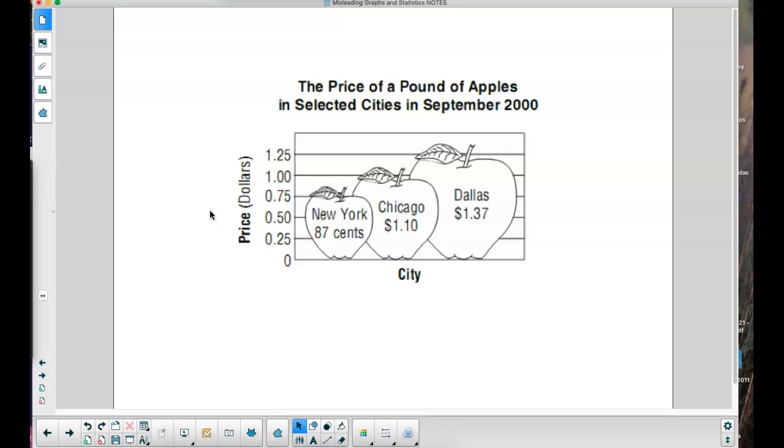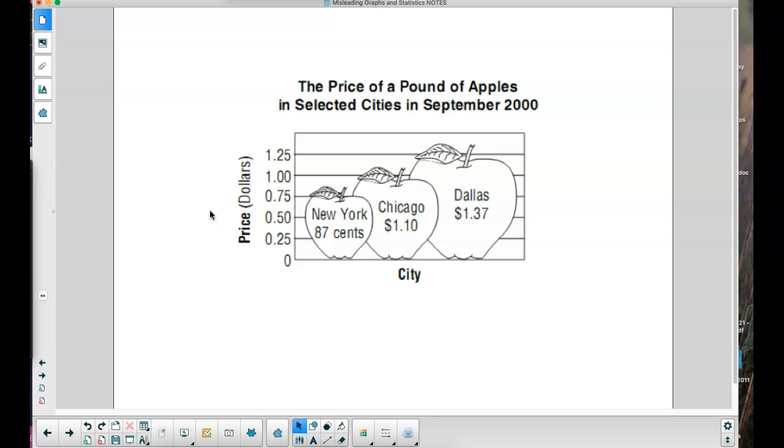People do this all the time because they try to make graphs look fun. Graphs are supposed to be boring. When I did my master's research project, I had to put a lot of graphs in it, and literally, they're kind of boring to look at. They're supposed to be just bars and numbers and nothing that exciting. So when they post graphs like this, they're trying to get your attention.